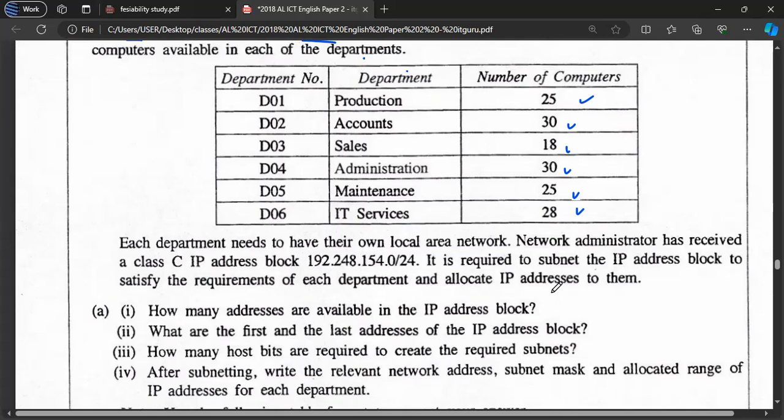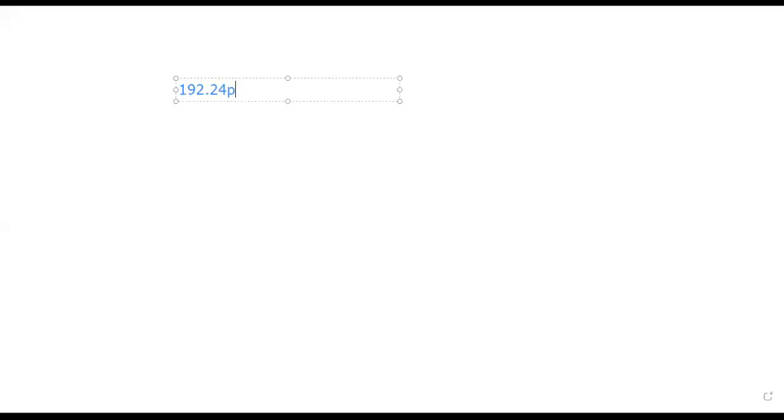So let me write down the IP address. The IP address is 192.248.154.0/24.